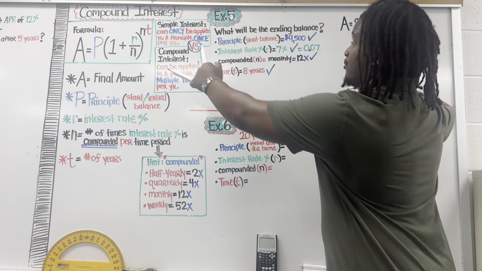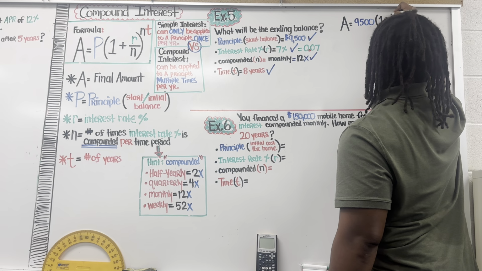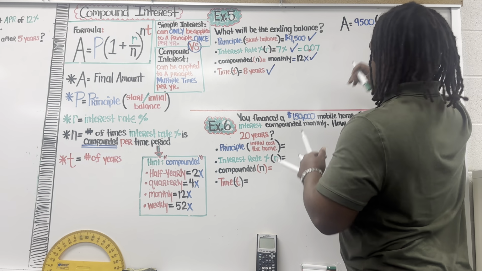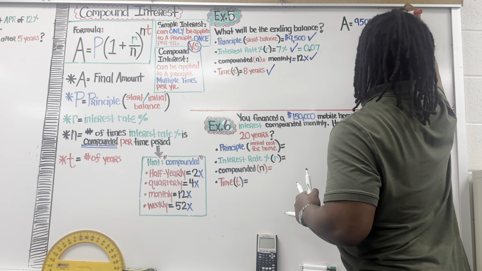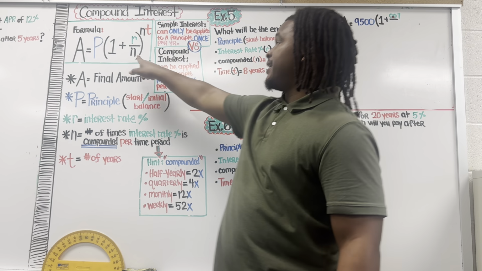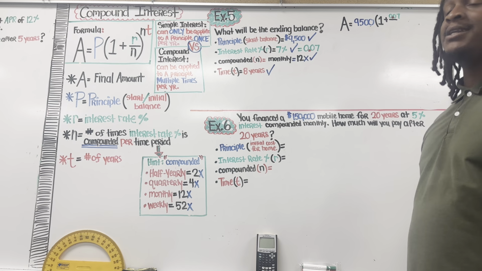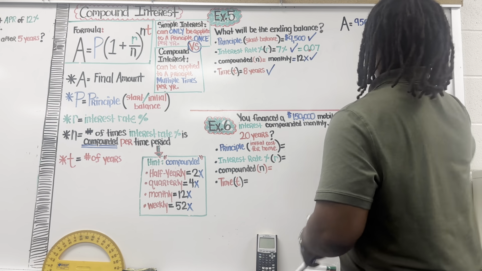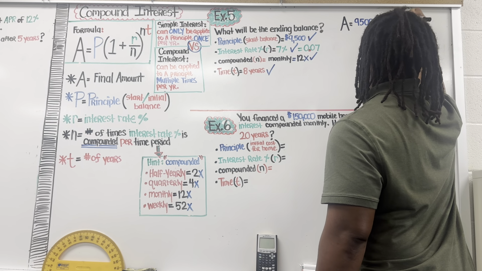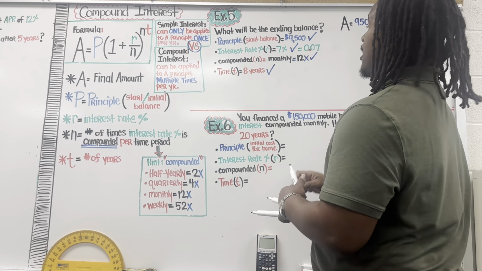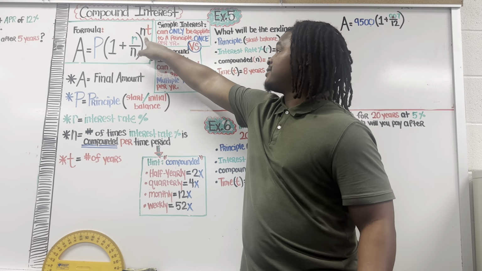The interest rate is 7%, which is 0.07 as a decimal, over N, which is how many times it's going to be compounded within a year, which is monthly, which is 12 times. So N is 12, parentheses close.